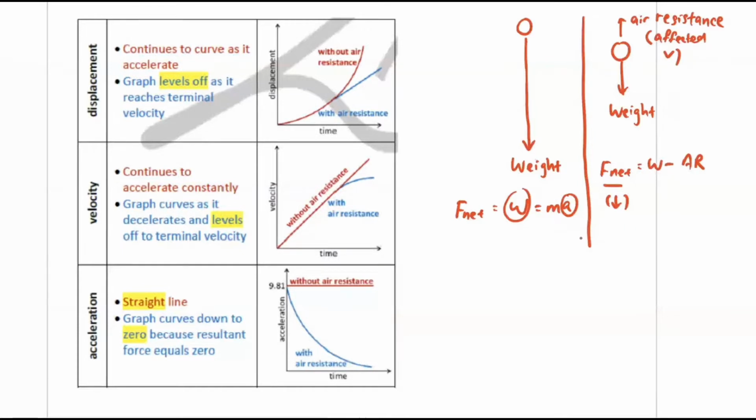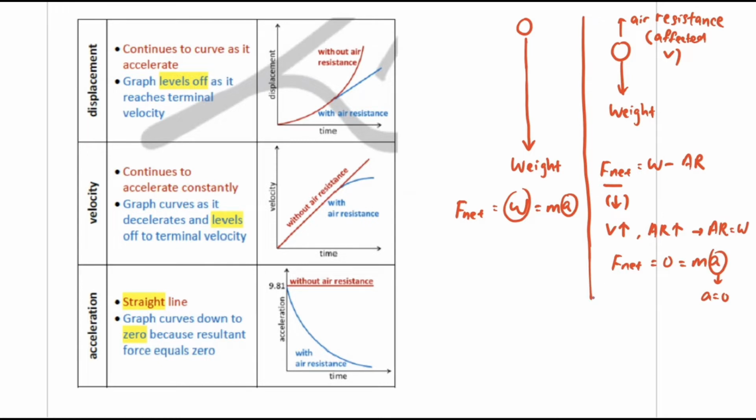I write it down first. Velocity increases, air resistance increases, then air resistance equals the weight. When this happens, the net force is equal to 0. Net force equals ma based on Newton's second law, so a is also equal to 0.